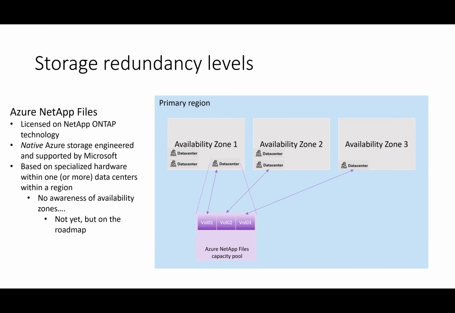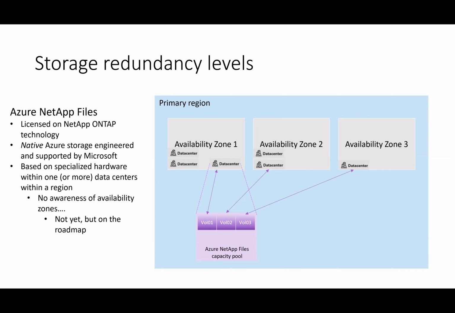That's changing over time as more of the ANF hardware is being rolled out. Quite frankly, it's a hardware issue. We don't have enough hardware at present to have ANF in all availability zones of all regions. It's being rolled out. But as soon as we do have ANF hardware uniformly in all the availability zones, then it will become AZ aware.